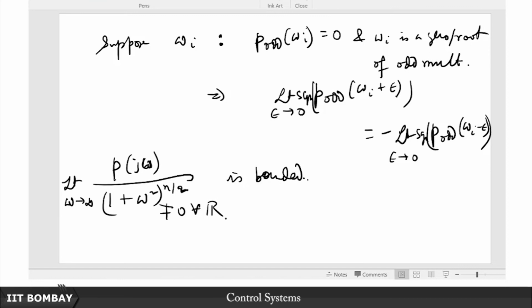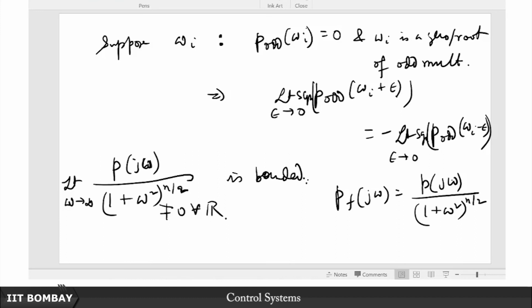In fact, this filters out the highest degree coefficient, you will see. Why? Because you just divide by omega to the power n above and below, and you will see that that is the highest degree coefficient, okay. So that is what this normalization does. So what then they do is, the interlacing property of this is just like some constant scaling only, you can treat it like, right. So if this is interlacing, then this overall function, they call it pf j omega, is equal to the original polynomial that you had divided by this 1 plus omega squared to the power n by 2, okay.